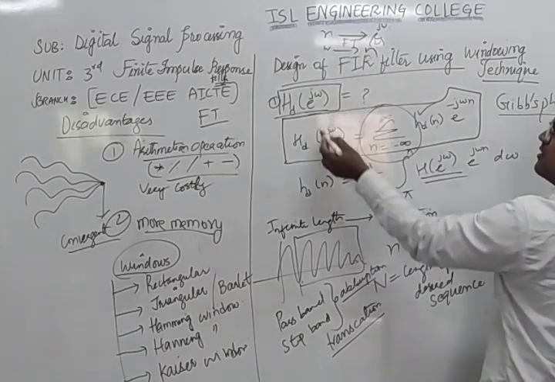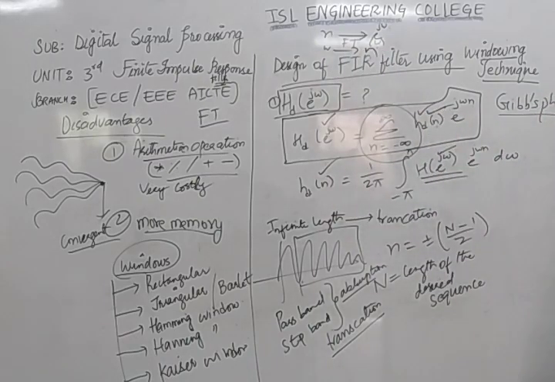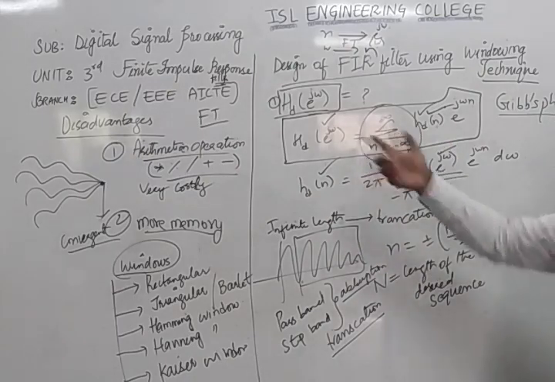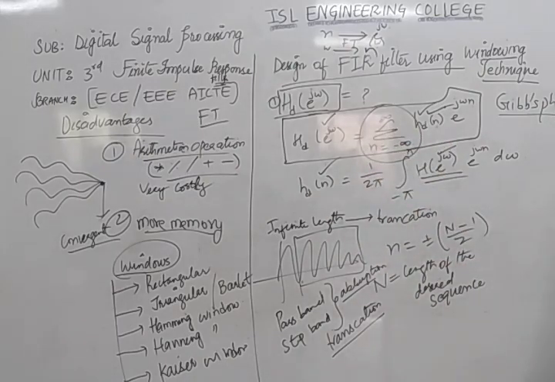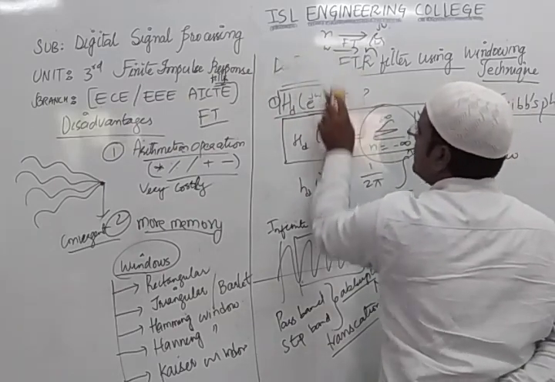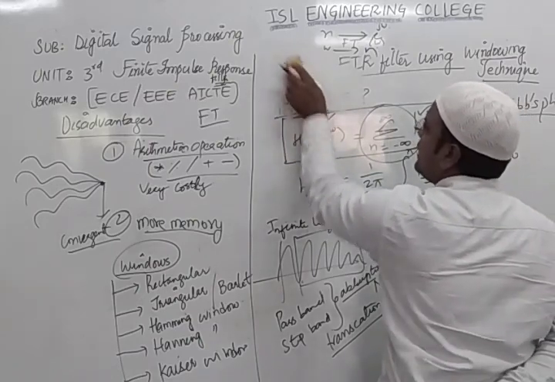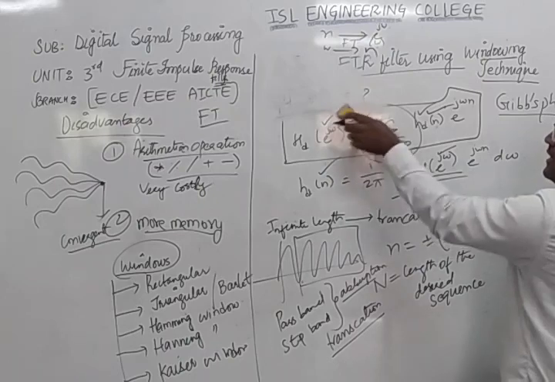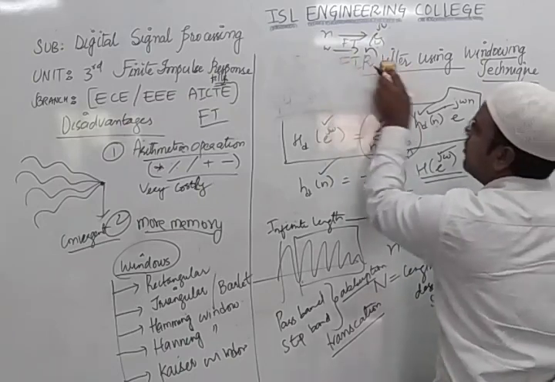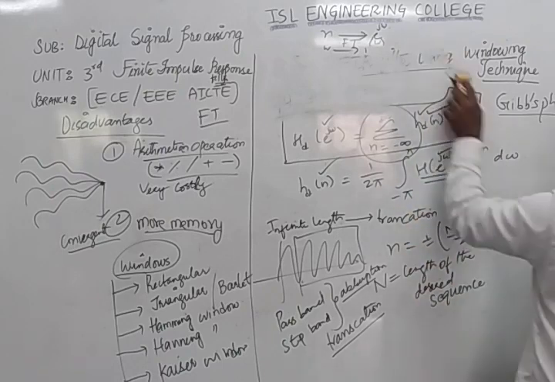So if you know this value, we can substitute here and find HD of e power j omega. Because of that, we proceed with the next one, that is the R function. What is the R function? The windowing function. How do we get the window? That is by taking the factor of small n. How do we define small n? It is plus or minus (N minus 1) by 2.